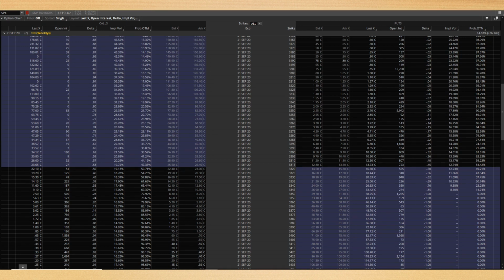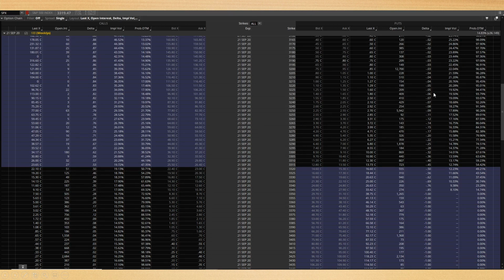So the next column here is probability out of the money, and you can see that right here. This is on the call side as well, just in a little different order there. Basically, probability out of the money is a calculation, a real long mathematical equation, that gives you the probability of this option, this strike price, and this expiration date expiring out of the money.